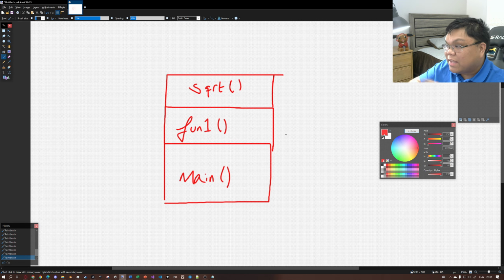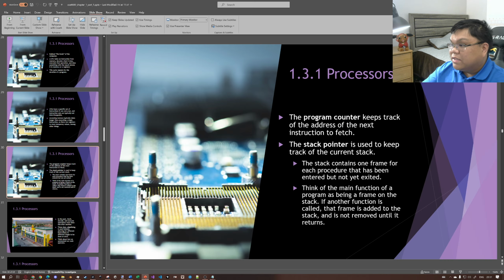So the stack pointer basically keeps track of where the program is in its execution, but that isn't the program counter. The program counter is different from the stack pointer. The stack pointer is used to keep track of the current stack. The stack contains one frame for each procedure that has been entered but not yet exited.